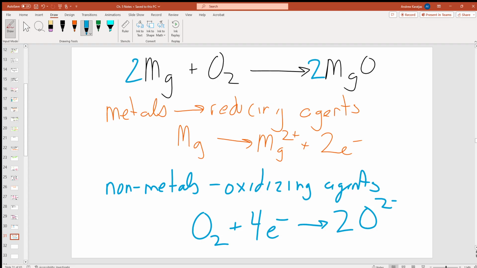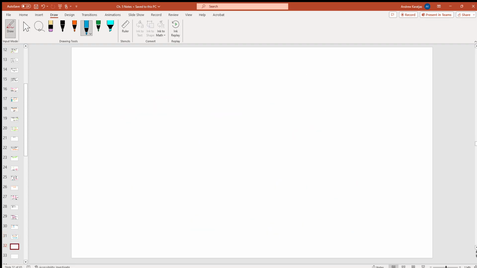Now, I was able to show you these two half reactions because I know that that's what happens. But if you didn't know that, how would you determine what was being oxidized, what was being reduced? So we would need to know the following rules. And these go under the heading of what we call an oxidation number.